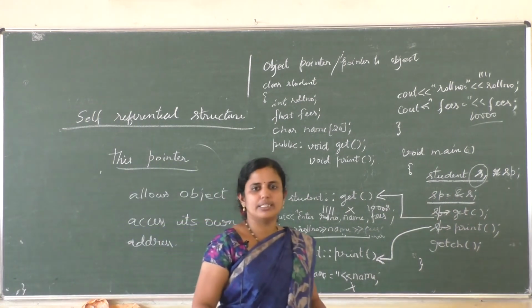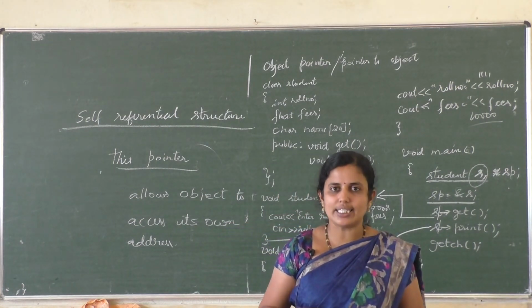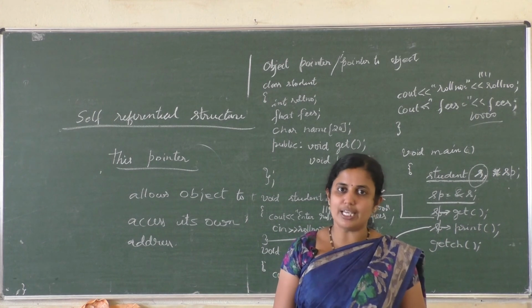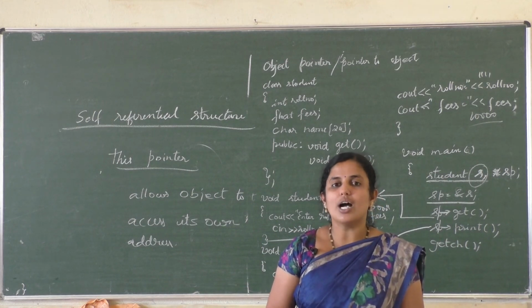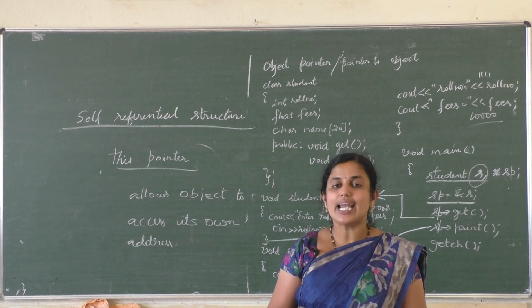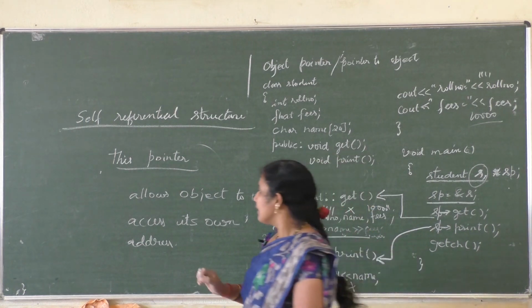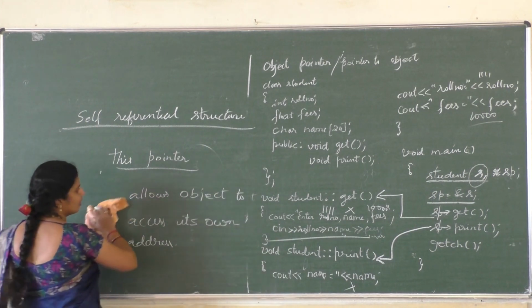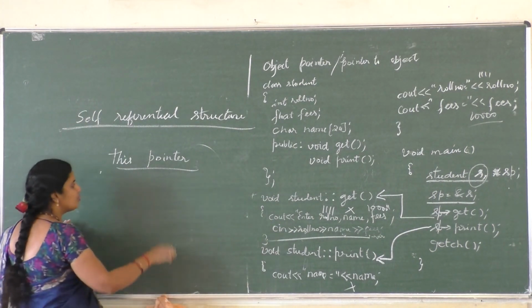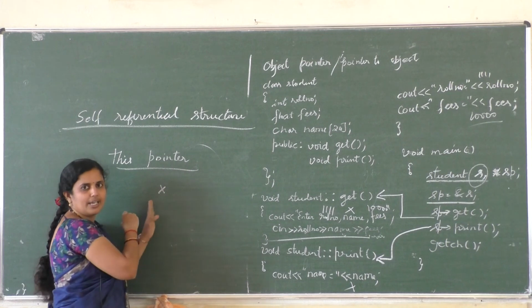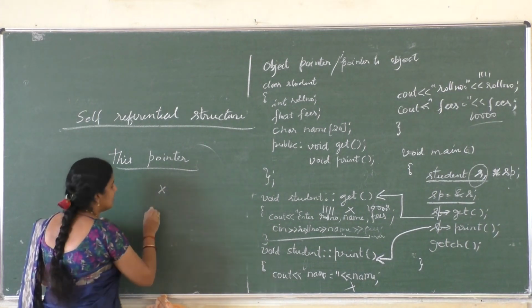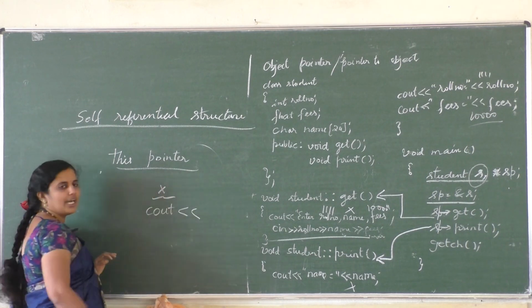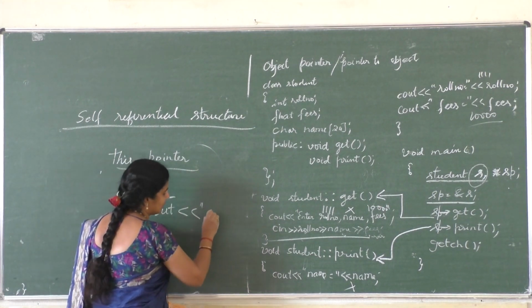If any object wants to access its own address, then we can use the this pointer. For example, assume there is a variable x. Suppose I want to access the address of x.